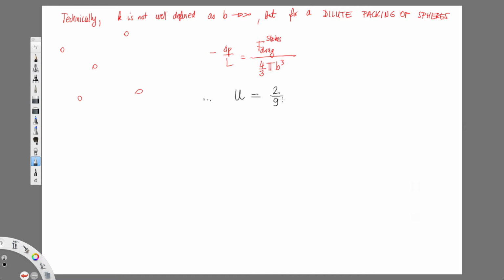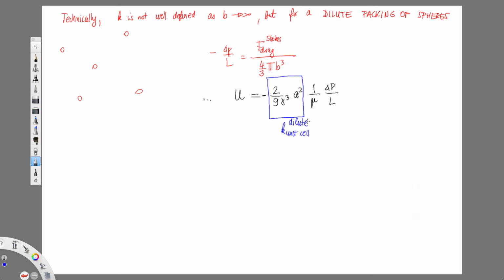2 over mu gamma cubed a squared, 1 over mu delta P over L. So this is called K unit cell dilute.